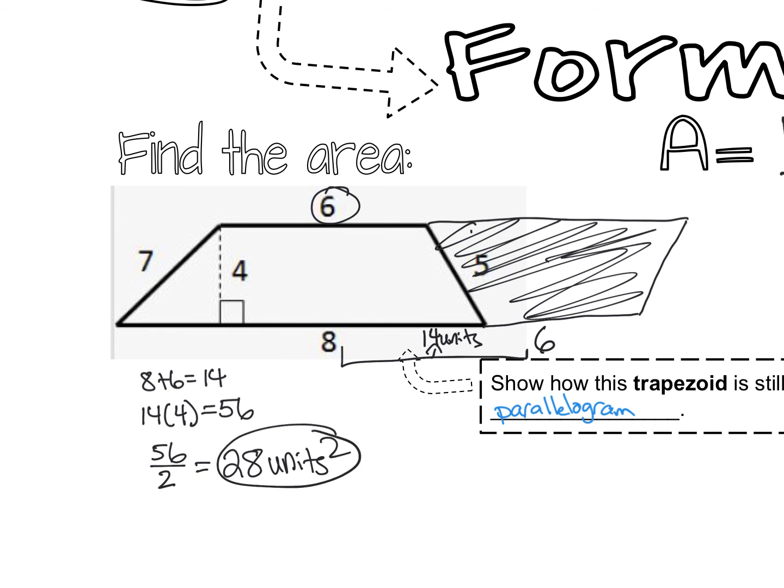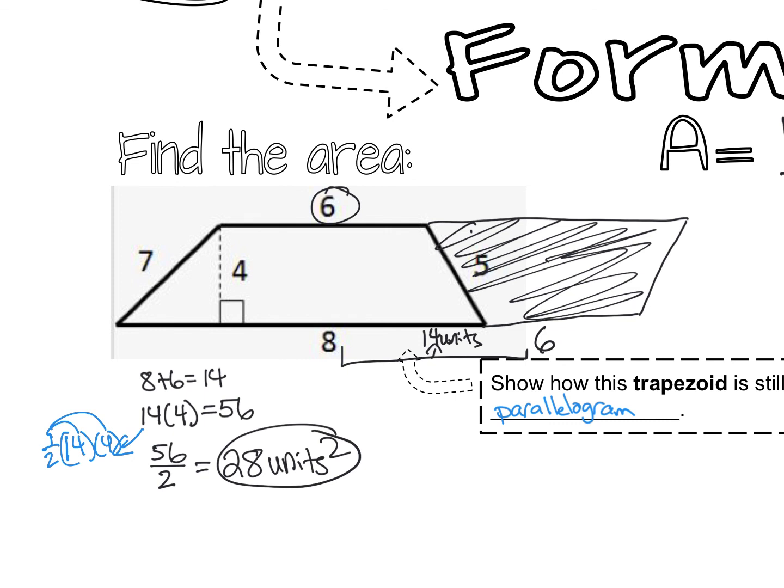Now this would actually be a really nice one that shows why sometimes we use that 1/2. As I was looking at this with the 14 times 4, I didn't necessarily know what 14 times 4 was. I could figure it out. I can use a calculator, but we could have also thought about at this step almost thinking of it as 1/2 times 14 times 4, because then I can either take 1/2 of 14 or 1/2 of 4.